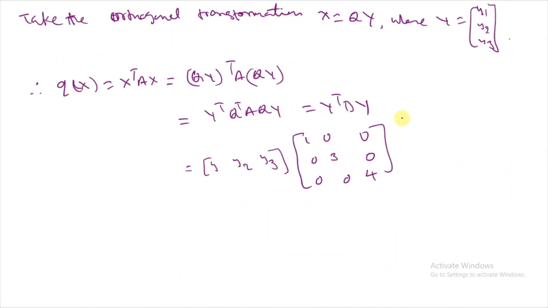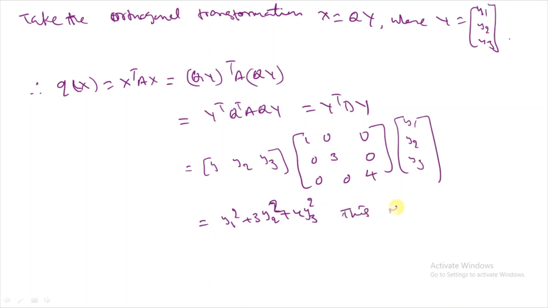Multiplying by y, you get y1 square plus 3 y2 square plus 4 y3 square. This is a canonical form. Now we are reducing the quadratic form to canonical form.